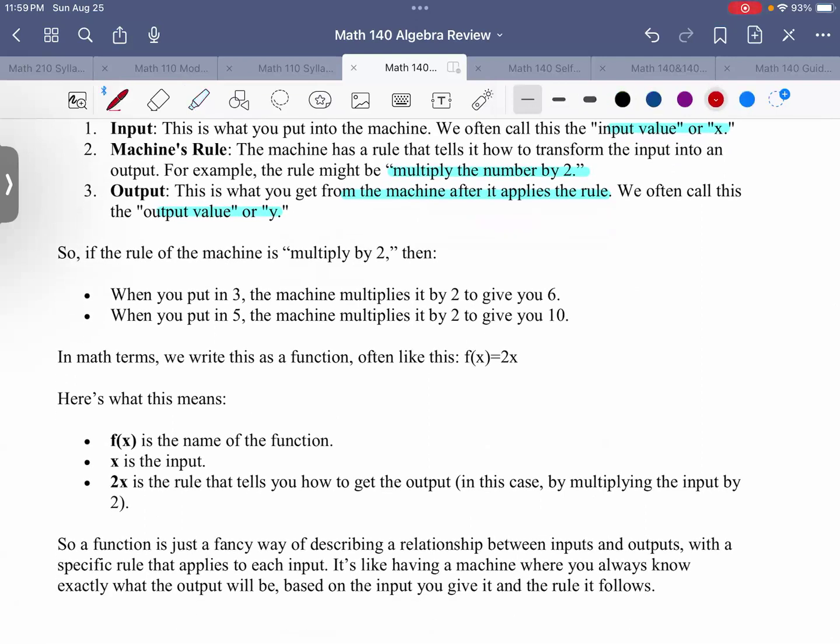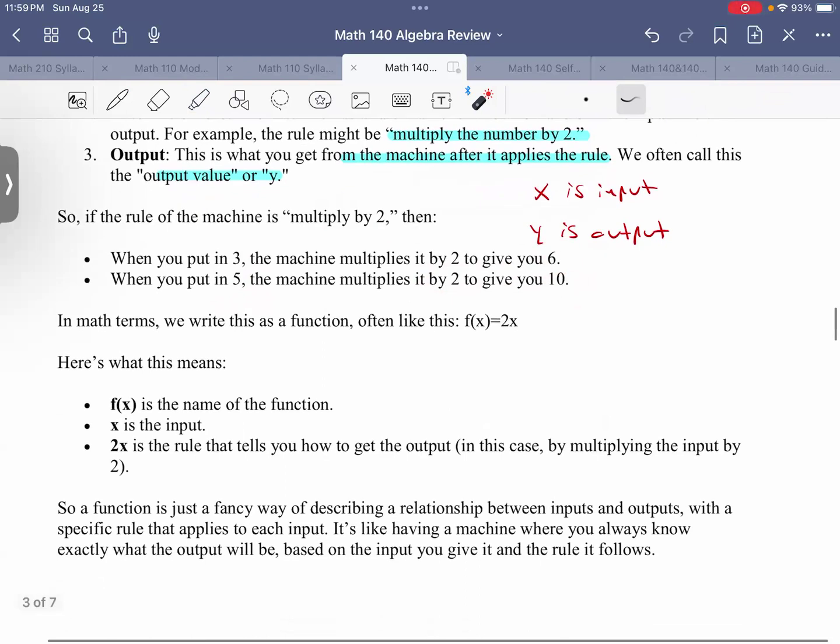Remember, x is input and y is output. So if the rule of the machine is multiply by 2, then if you put in a 3, you'll get an output of 6. 3 times 2 is 6. If you put in a 5, multiplied by 2, the output is 10. That gives you a function like f of x equals 2x. The rule is 2 times the input, and whatever number you get, that's the output.